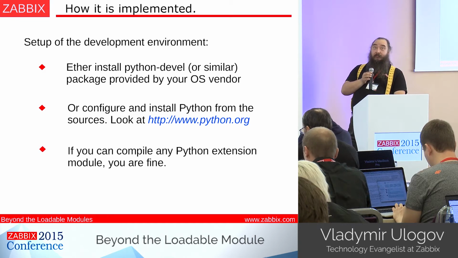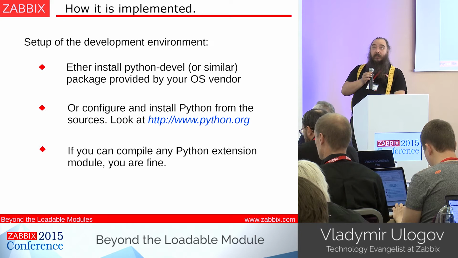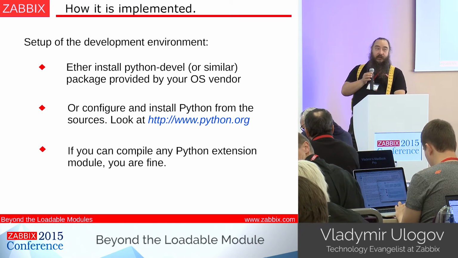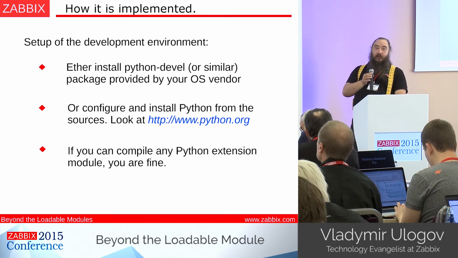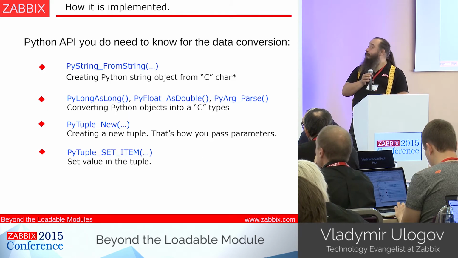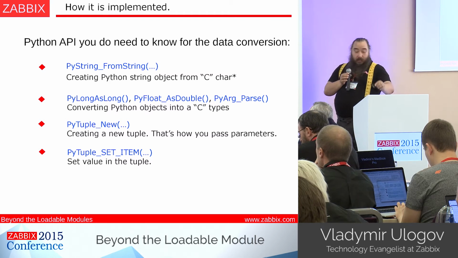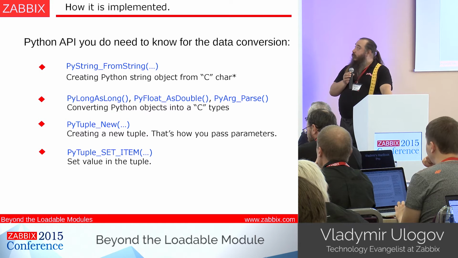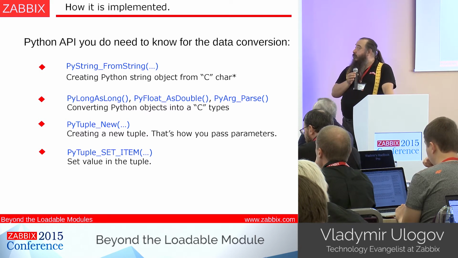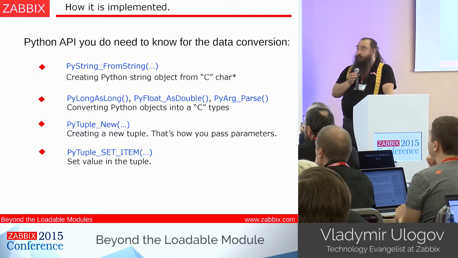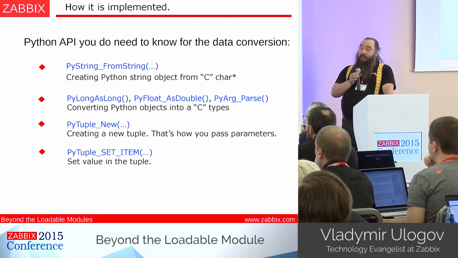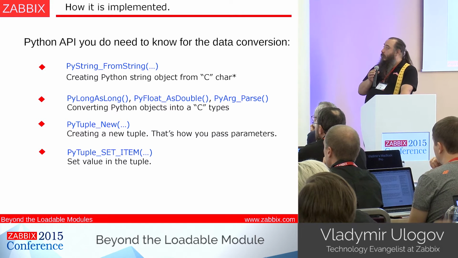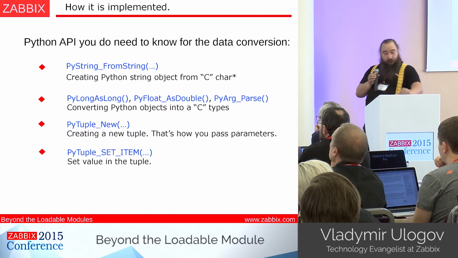And the prerequirement: if you can compile Zabbix on your system, then you are fine, you can continue with developing a Zabbix loadable module. So let's begin. We will review some of the C functions which you probably need to recognize if at any time you look at the module source code.